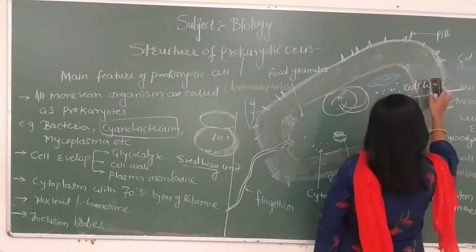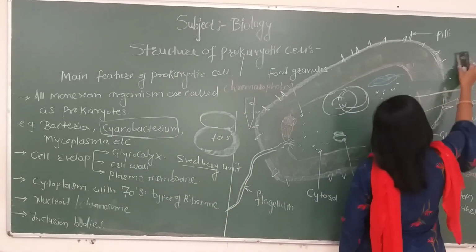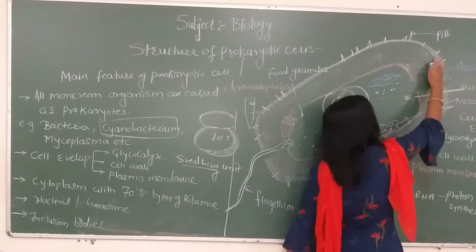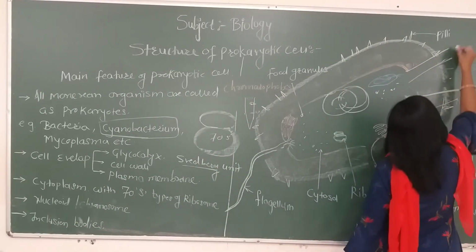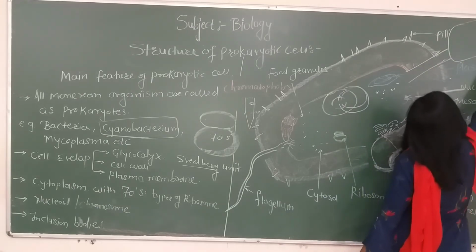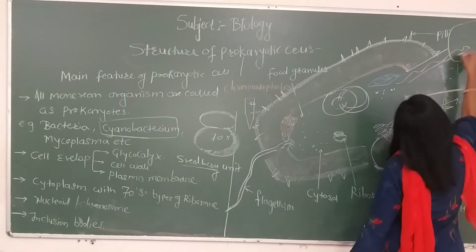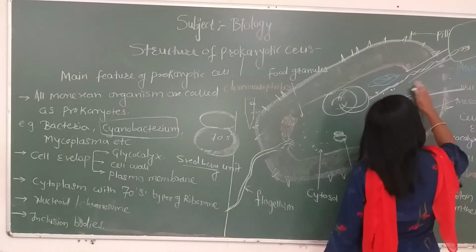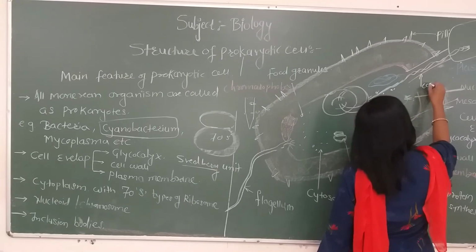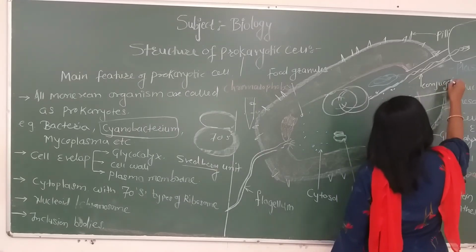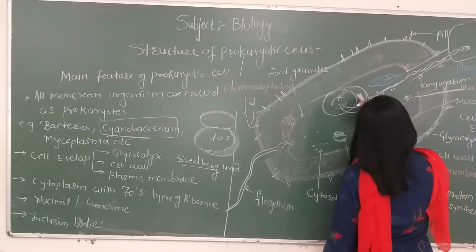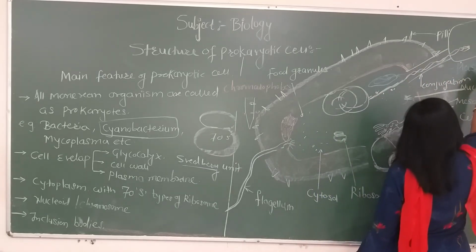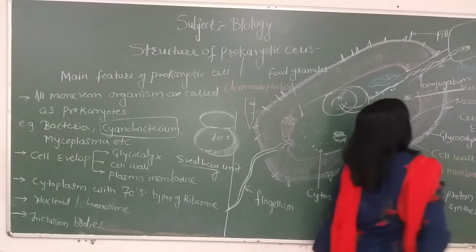If the plasmid present in the bacteria is responsible for the formation of a tube with the adjacent bacterium and transfers part of its own DNA into the adjacent bacterium, this tube is called a conjugation tube, and it allows the union of genetic material from one bacterium to another. This type of plasmid is called an F plasmid.